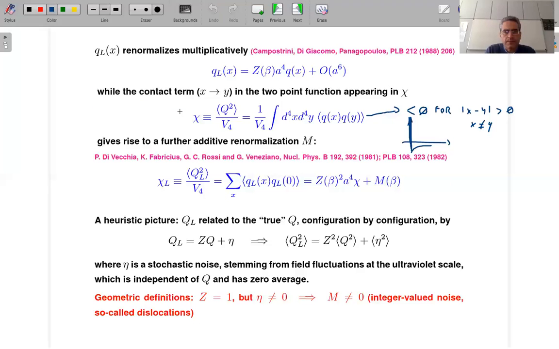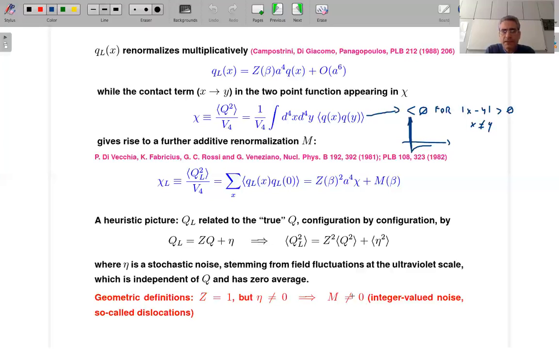The improvement is that the multiplicative renormalization is 1. Okay, and it is 1 basically because the topological charge with the geometric definition is integer valued, so it cannot be different from 1. I mean, you have quantized values of the topological charge, so the multiplicative renormalization is strictly 1.